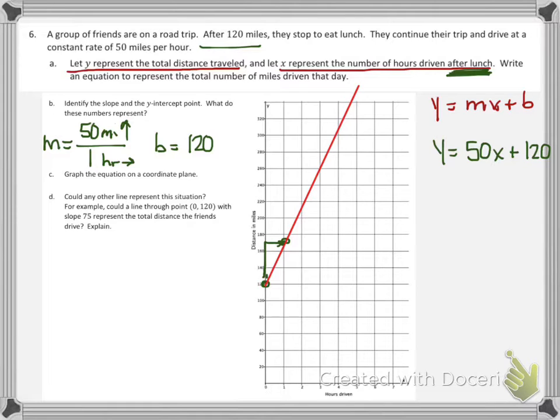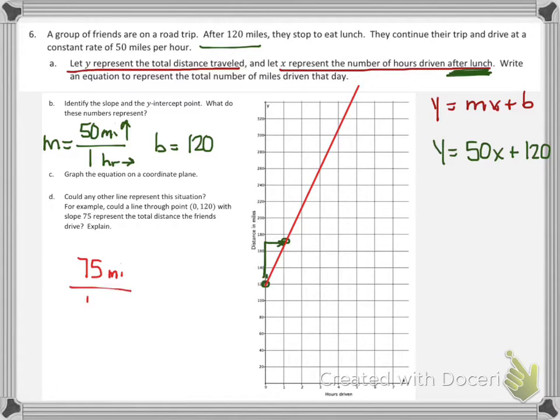And then we can use that to answer part D. And part D asks, could any other line represent this situation? For example, could a line through point 120 with a slope of 75 represent the total distance that the friends drive? The answer is yes, if they're going 75 miles per hour.